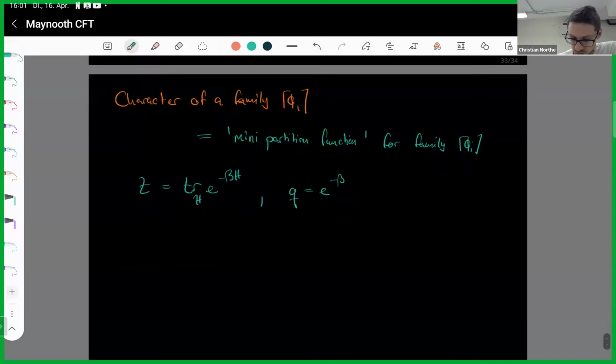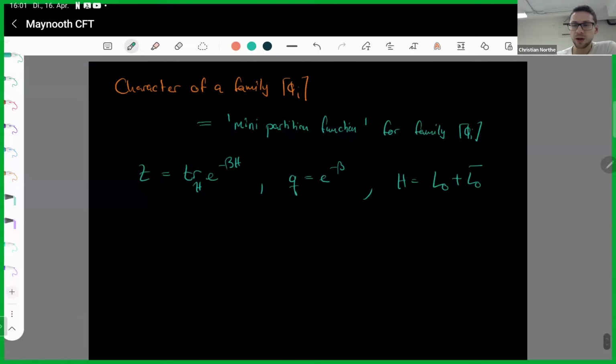Now keep in mind that the Hamiltonian is L0 plus L0 bar. Now I'm just going to talk about a holomorphic sector, so I'm going to take a holomorphic conformal family.